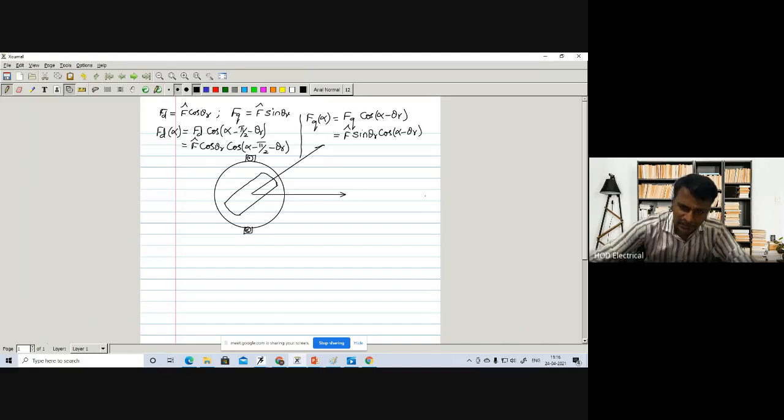These two we call theta, as we have already done. This is the reference of the stator axis and this is the reference of the rotor axis. Why reference? In this area the stator flux is maximum, and in this area the rotor flux is maximum. Therefore, this will be theta.